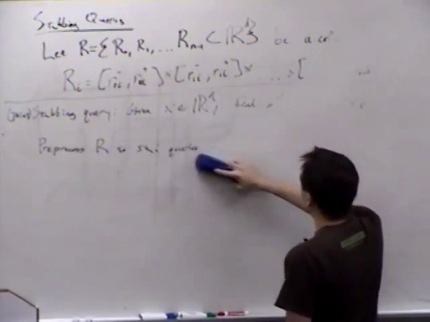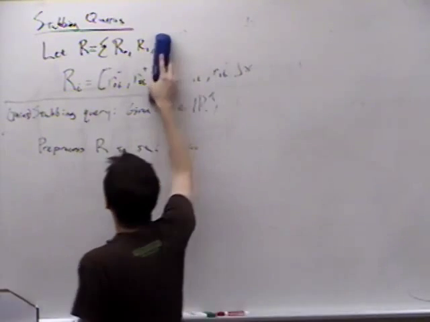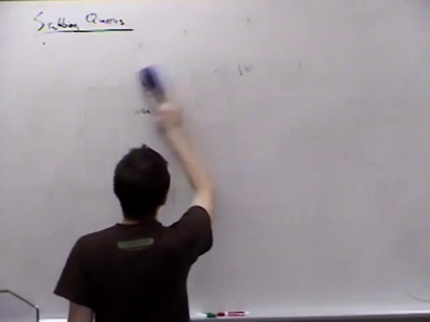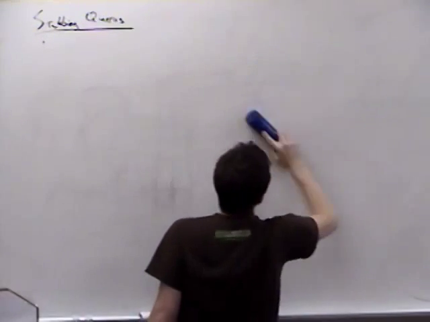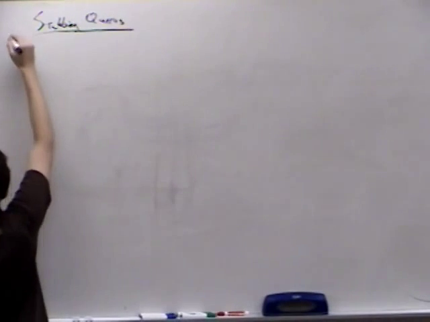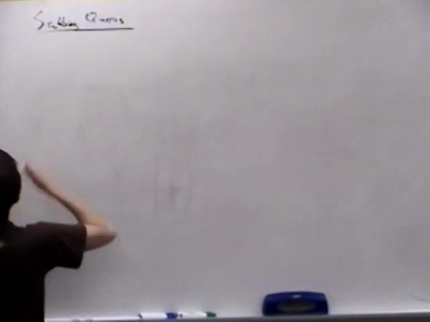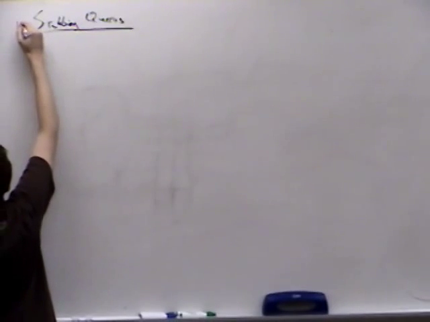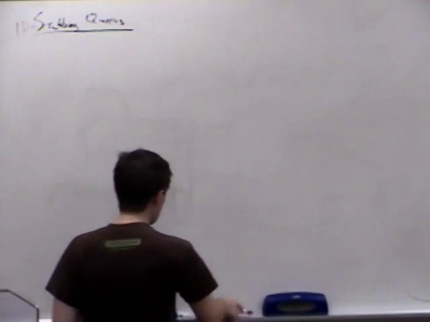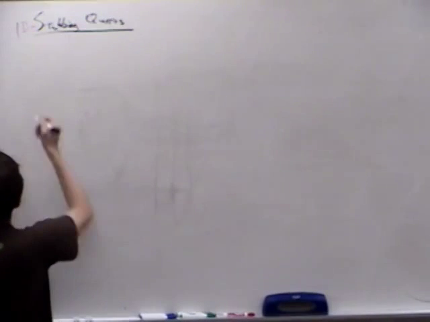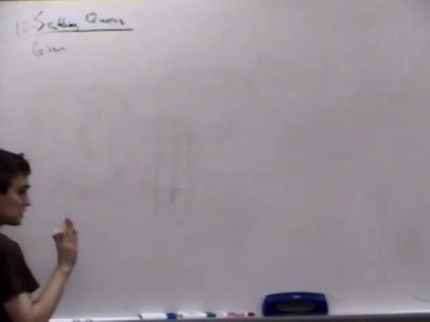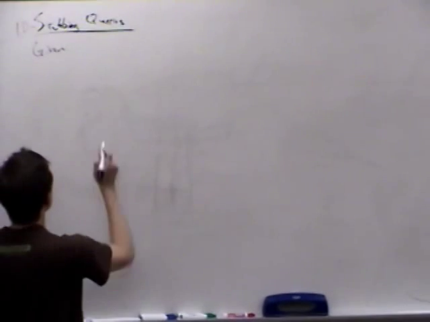We're going to look at 1D stabbing queries, where all of our ranges are intervals. So our input is now, instead of a collection of boxes, a collection of intervals.